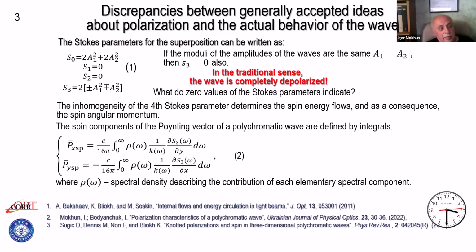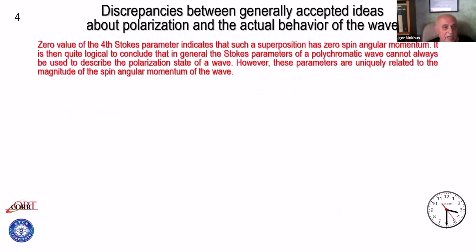Transverse components of the spin components of a polychromatic wave are defined by these relations. Then, a zero value of the fourth Stokes parameter indicates that such a superposition has zero spin angular momentum.